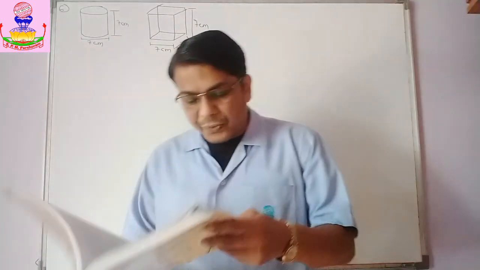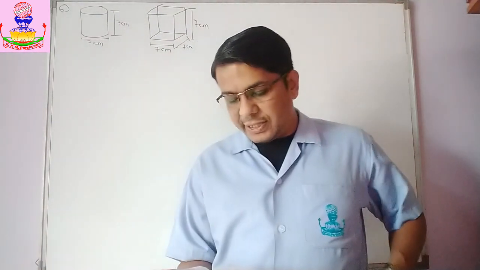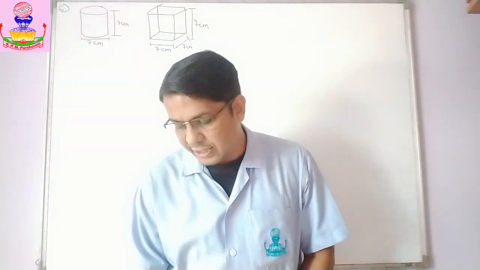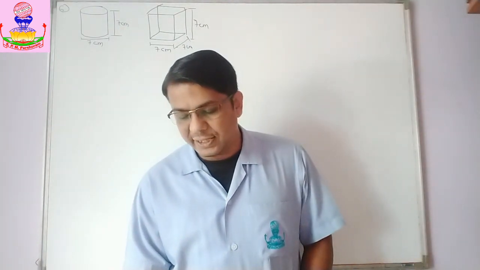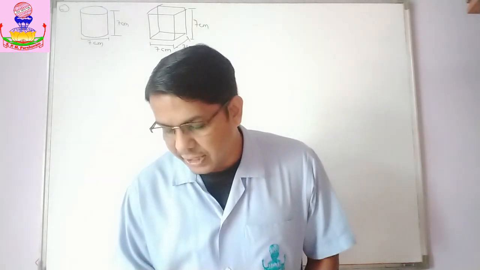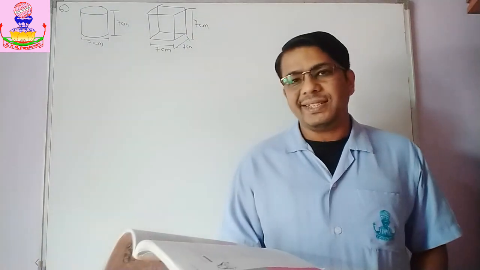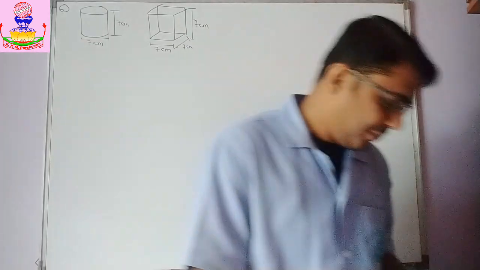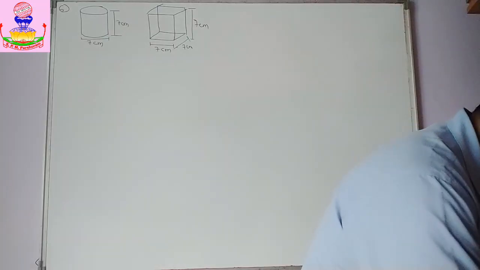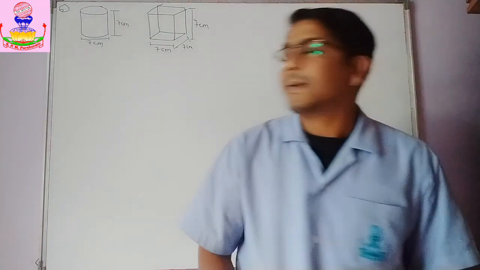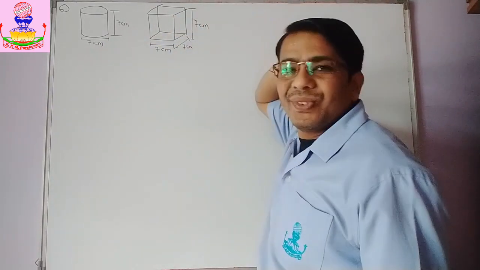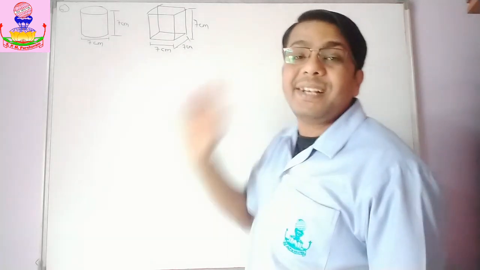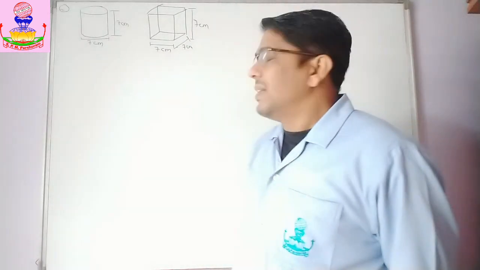Now see sixth example. Describe how the two figures at the right are alike and how they are different. Which box has larger lateral surface area? Okay. Now, if you see both these figures, one is a cylinder and the other is a cube. So what is alike between them?